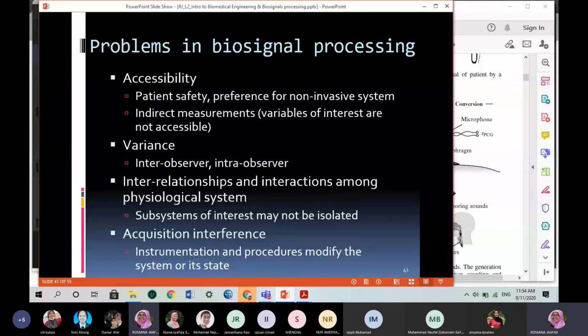The person taking the data, same person, same subject, the only difference is time. Maybe the first measurement is done at 9 in the morning and the next measurement is done at 10, but the data has changed. Or even if there is not much time difference, maybe after 10 minutes, when taking the data, it may not be exactly the same. So that is intra-observer variance.